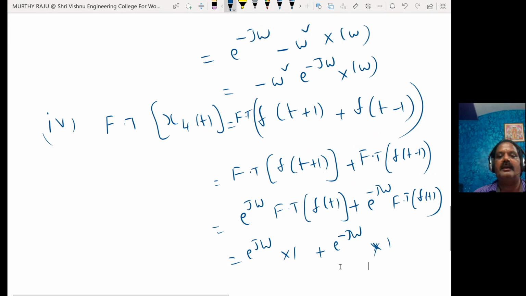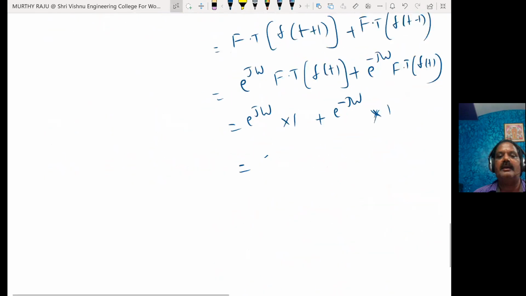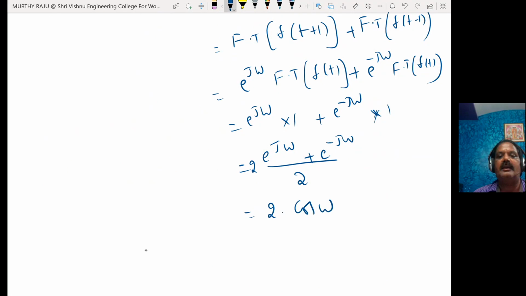That is equal to e power j omega plus e power minus j omega by 2 into 2, which is 2 cos omega. With this, the 4 problem solutions are completed.